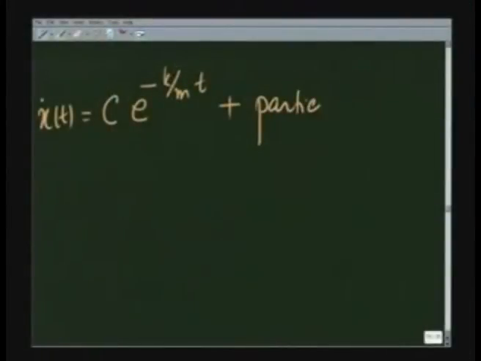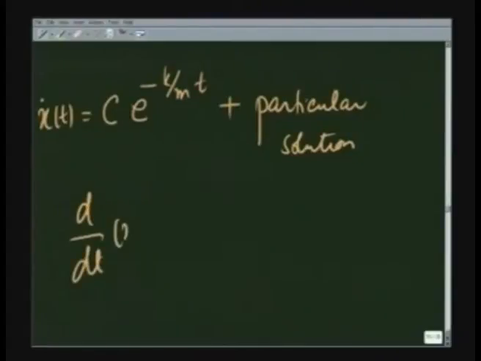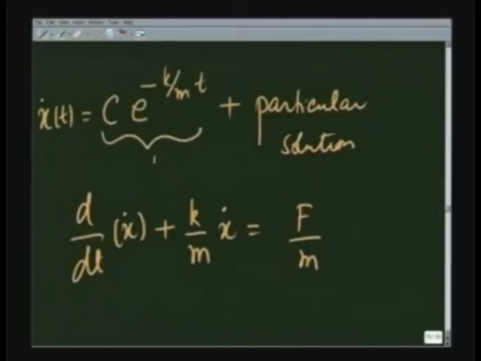plus a particular solution that corresponds to the term on the right hand side. Remember, I am solving the equation d over dt x dot plus k over m x dot is equal to F over m. This is the solution corresponding to this part equal to 0.